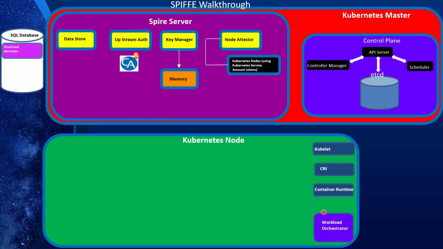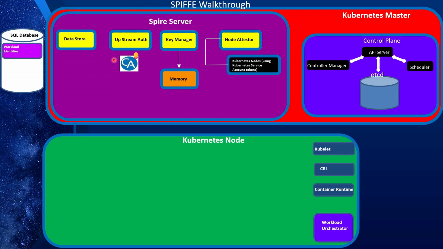Let's say we deploy SPIRE Server. We install it in the Kubernetes environment. We'll go through the process of deployment and how we can deploy that in our environment during the demo. But let's say we deploy the SPIRE Server, and SPIRE Server is actually deployed as a pod itself. So the first thing that SPIRE Server does when it starts is check to see if any upstream CA has been set up to use.